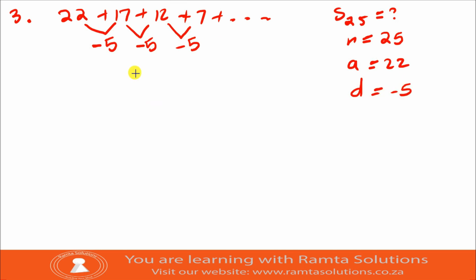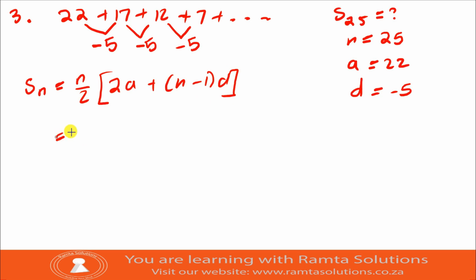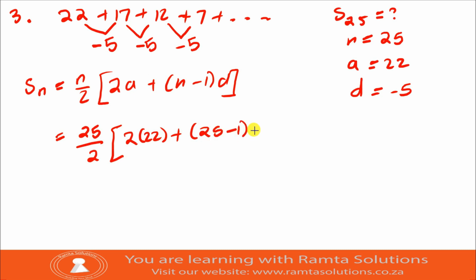So we have Sn equals n over 2 into 2a plus n minus 1 times d. Therefore, we have 25 over 2, and then 2 into 22 plus 25 minus 1 times negative 5, close the bracket.